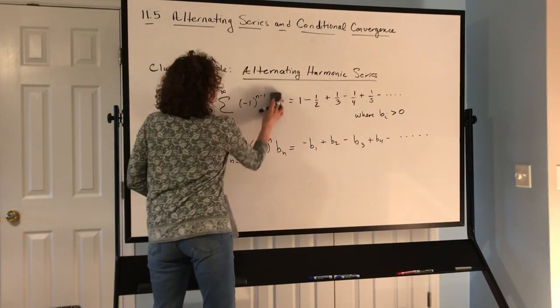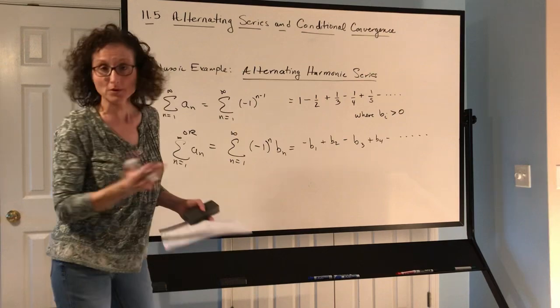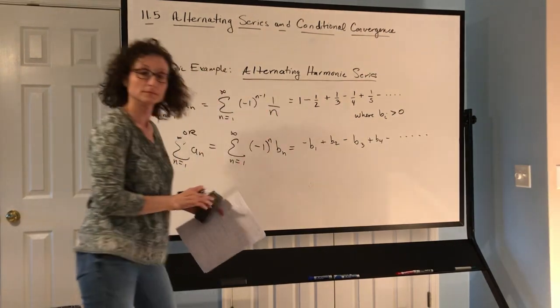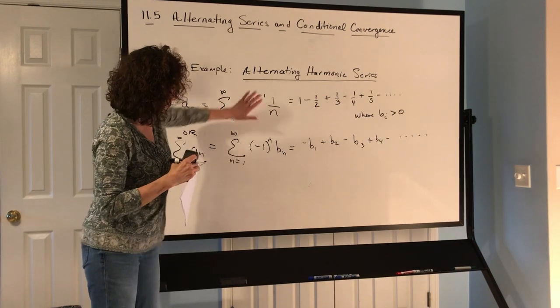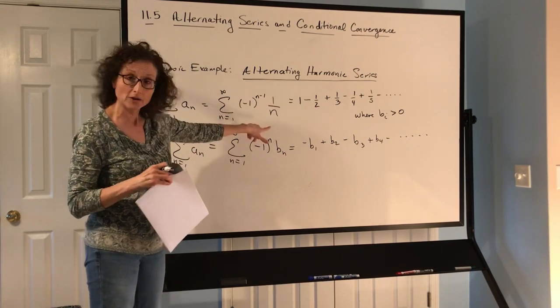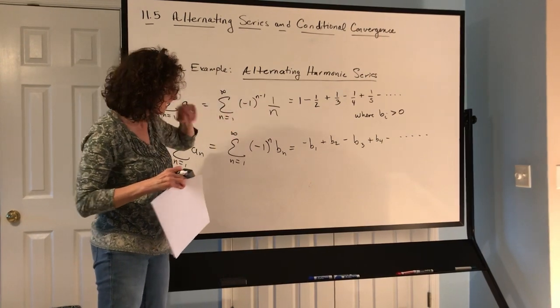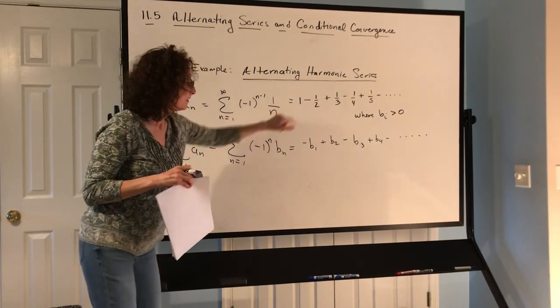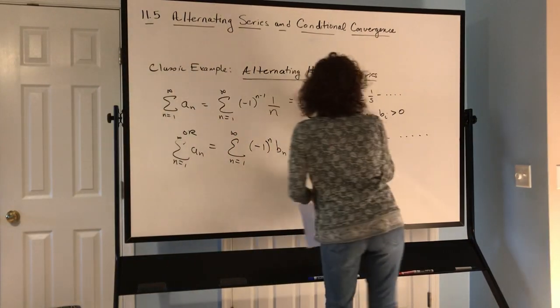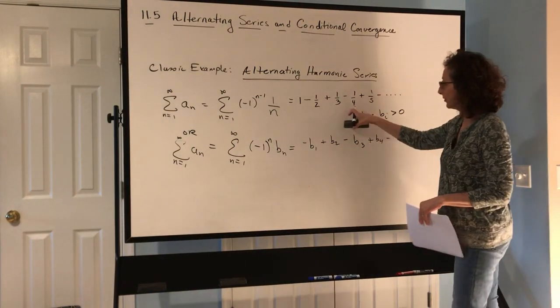So what are our b sub n's for the alternating harmonic series? Well, it's just 1 over n, right? The harmonic series has pluses everywhere, and the alternating harmonic series has our alternating factor here. Notice the b sub n are 1, 1 half, 1 third, 1 fourth, 1 fifth.